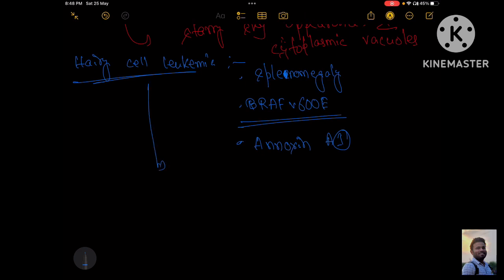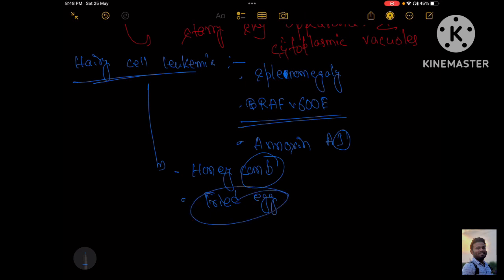In bone marrow biopsy, we see honeycomb, fried egg appearance, and chicken wire mesh.